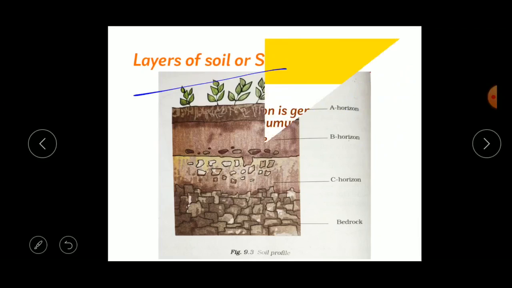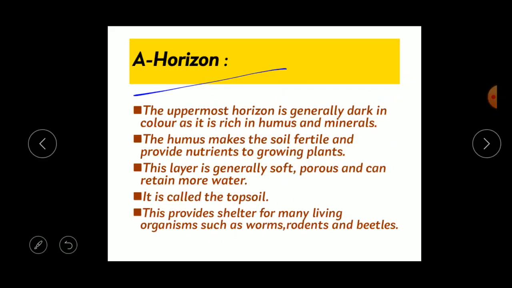And the next point is this layer is generally soft, porous and can retain more water. So this layer is very soft, very porous. Porous in the sense that it has many gaps, it has pores, so that it can hold more water. So it retains more water, and it is called the topsoil.